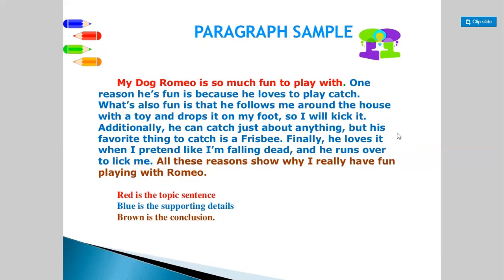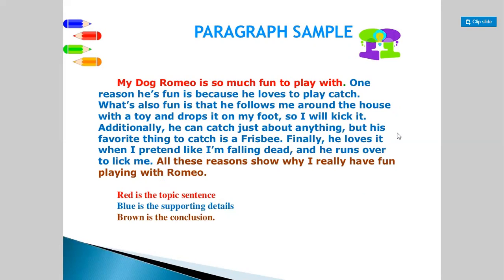Now he justifies and answers the questions why this dog is so cool and why he decided to write about it. One reason he's fun is because he loves to play catch. What's also fun is that he follows me around the house with a toy and drops it on my foot, so I will kick it. Additionally, he can catch just about anything, but his favorite thing to catch is a frisbee.